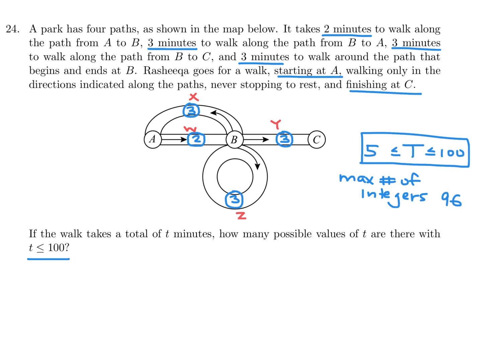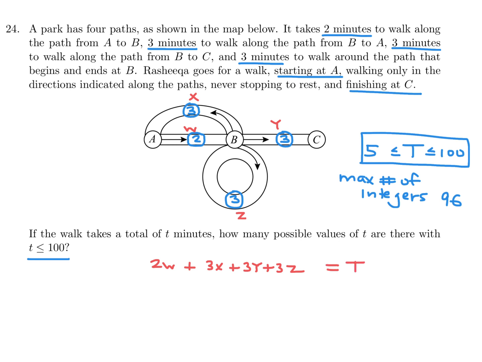Some path would, in terms of its number of minutes, be the number of times you went on W times 2. So if you went on W, say, twice, each time with 2 minutes, it would be 4 minutes, right? That's the calculation. And then 3 times X plus 3 times Y plus 3 times Z. Now, I'm not saying that you're going to go on every single one of these paths, but that would be the total number of minutes. So that's basically T.